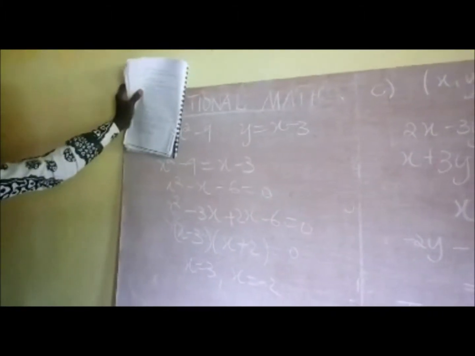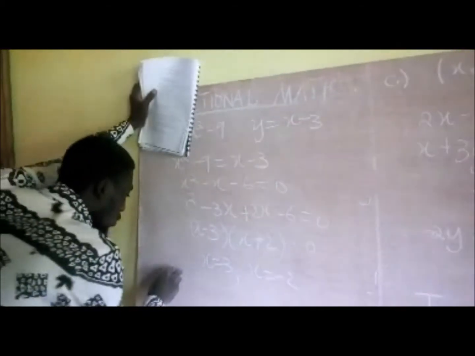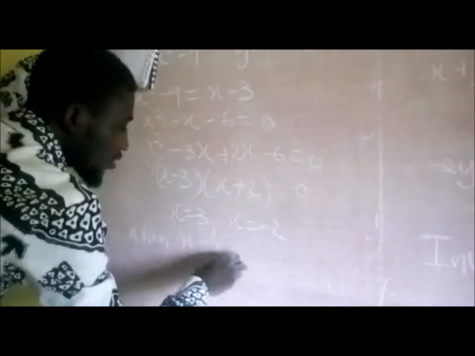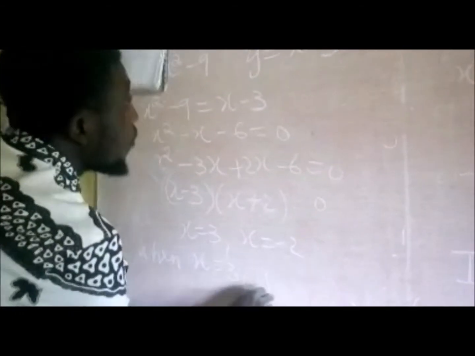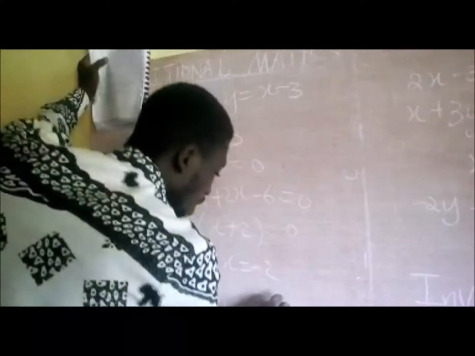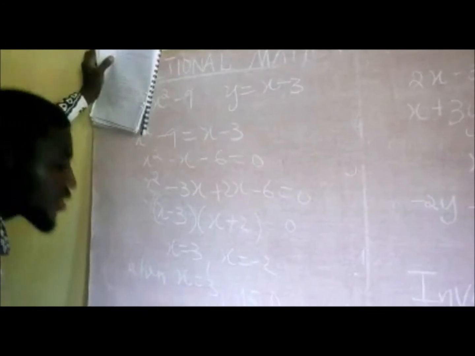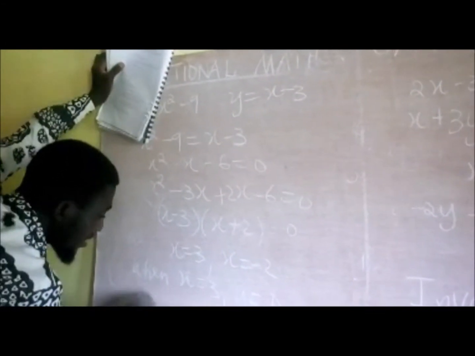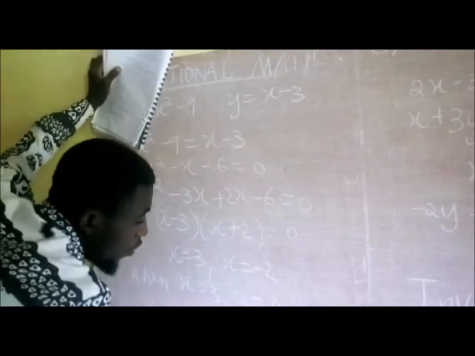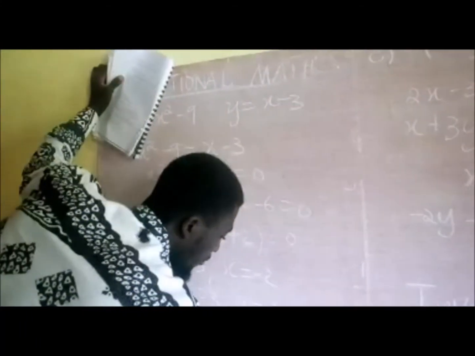So x equals 3 corresponds to the first point P. When x equals 3, you can place it in either of the two equations, and it is going to give us the same thing: y becomes 0. When x equals negative 2, we're going to have negative 5.